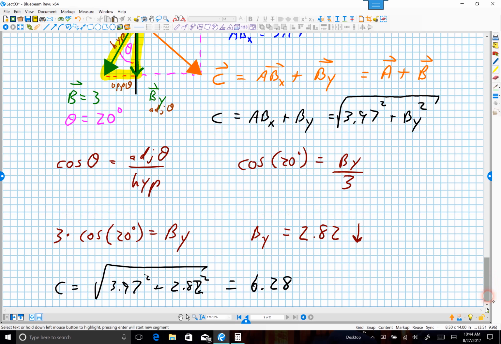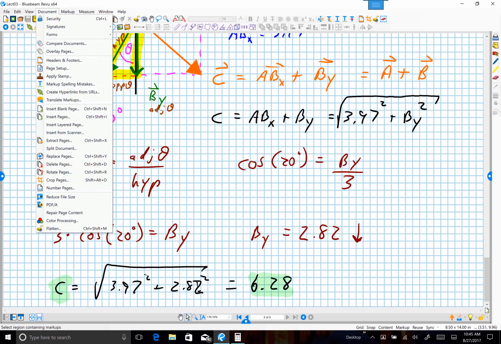So let me make sure, so that's the length of C. Add another page here.